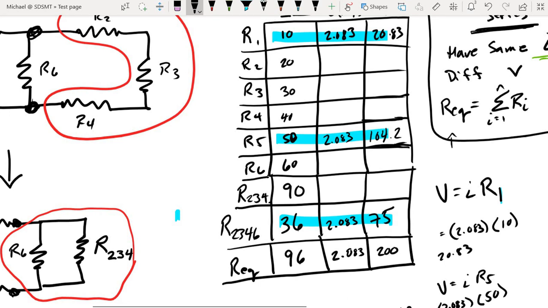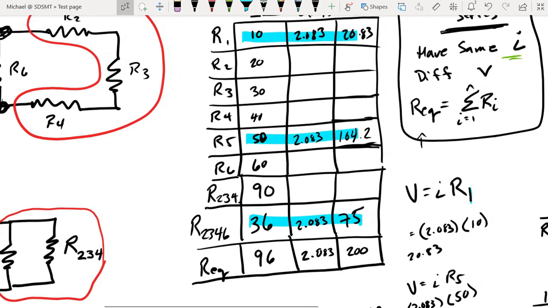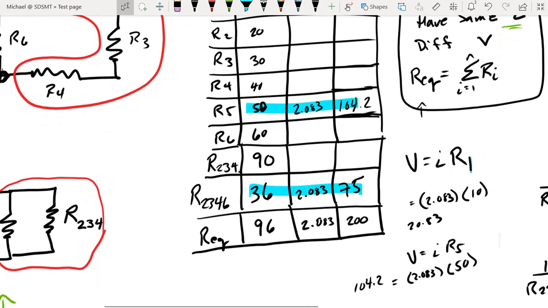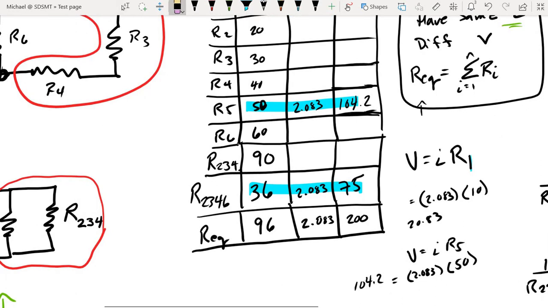So I'm off by 3/100ths of a volt, which I think would be acceptable as a rounding error. But I'm going to keep as much information in my calculator as I can.